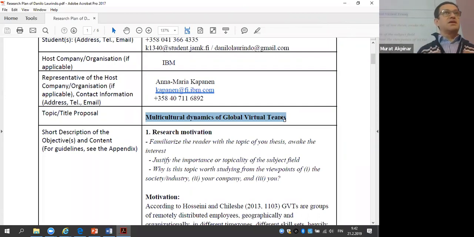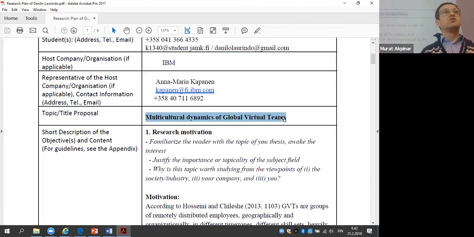Well, we understand that we are talking about perhaps a multinational company which has project teams where the members are not all located in the same room. They are located in different parts of the world, and they are meeting virtually. They are doing the project together in virtual teams located in different parts of the world.